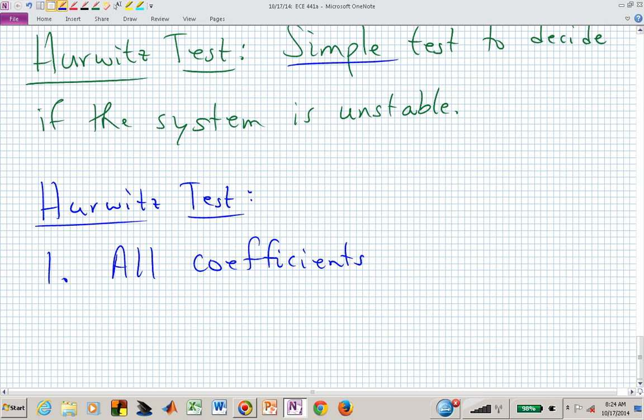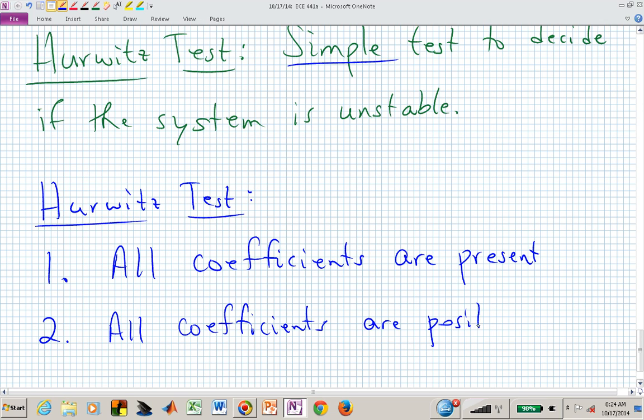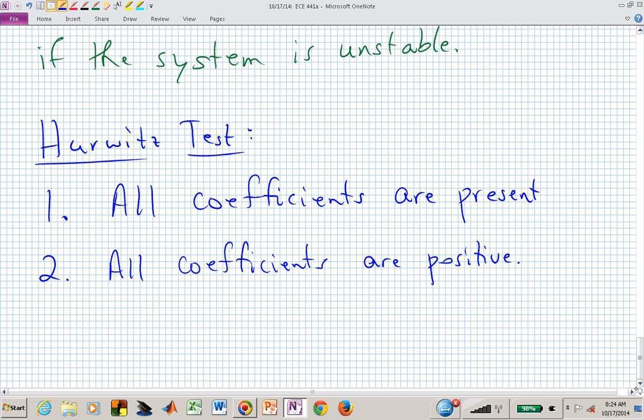But the first step is all coefficients are present. All of the a sub j's have to be there. They can be 1, they can be whatever, but they have to be there. And then the second piece of this test is all of the coefficients need to be positive.